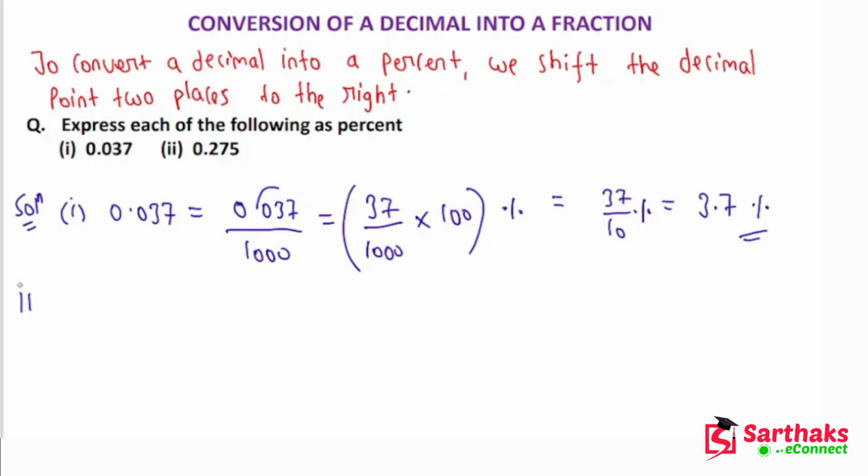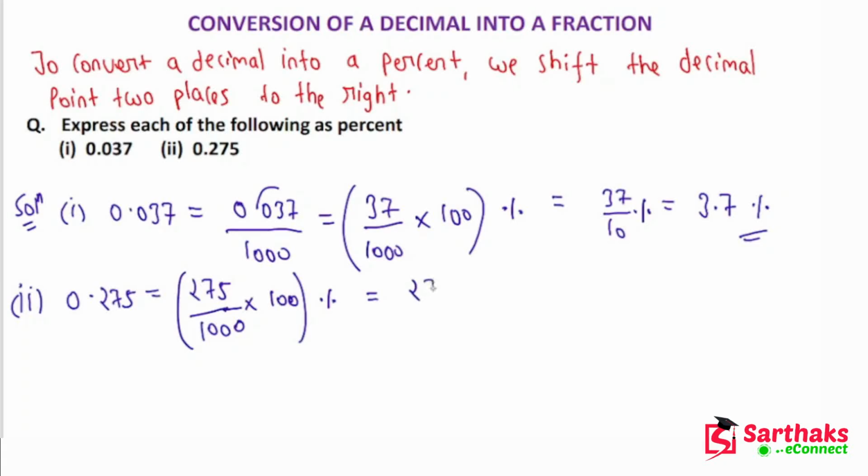Okay. Let us talk about the second part. It is 0.275, which is nothing but 275 upon 1000. So we multiply by 100 and have a percentage sign. Then we will have 275 upon 10 because two zeros cancel out.